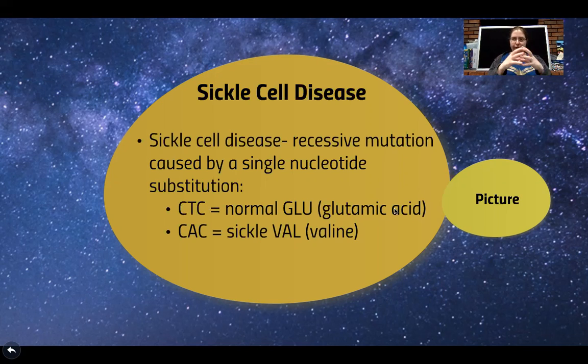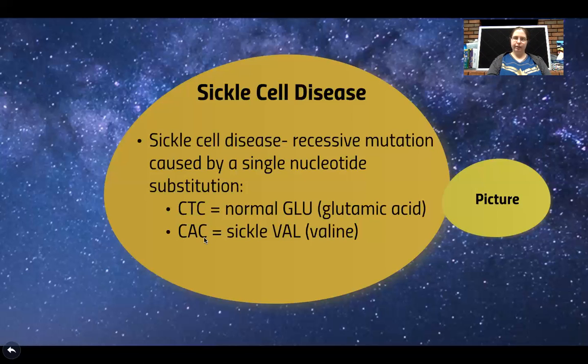So that glutamic acid would be found in a particular location in the beta subunit. However, in people with sickle cell, they don't have the thymine there. Instead, they have an adenine present in place of it. So in their DNA, the codon says CAC, cytosine, adenine, cytosine.